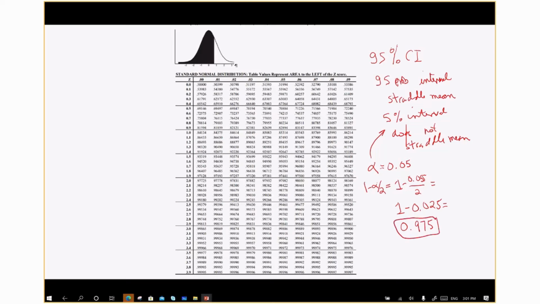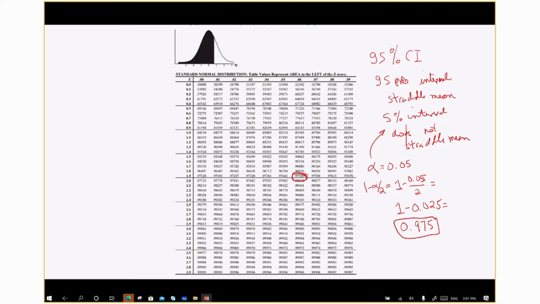And that's the number we're going to look for in our table. So we're going to look for a value of 0.975. And where are we going to find that? We're going to find that right here. So there's a value of 0.975.